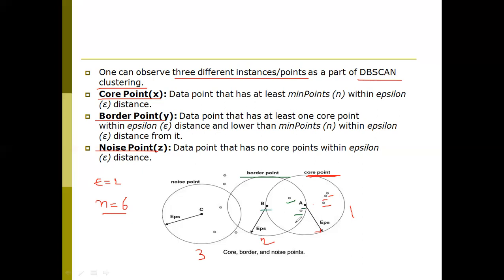It must have at least one data point that belongs to a core point. That is the second condition.